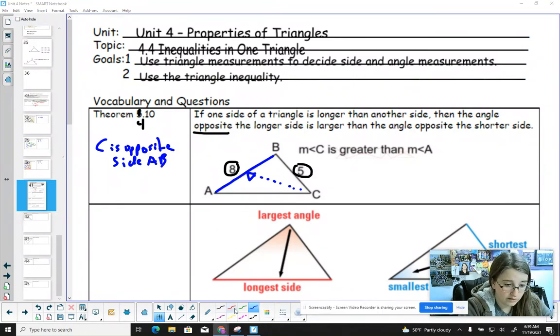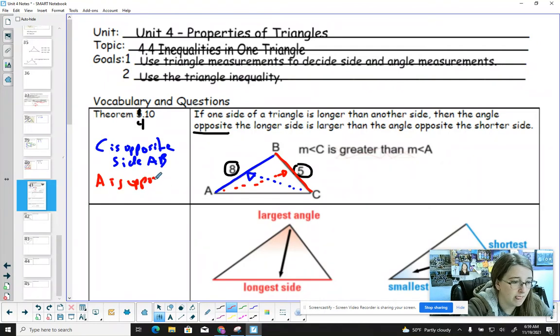So therefore, here's side BC. What angle is opposite side BC? That's angle A, right? Here's angle A. If I walk through my triangle, we'd say A is opposite, excuse my terrible writing, side BC.